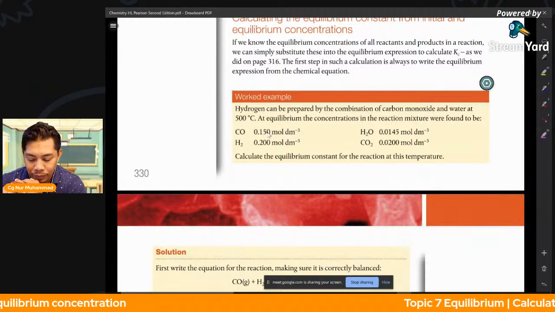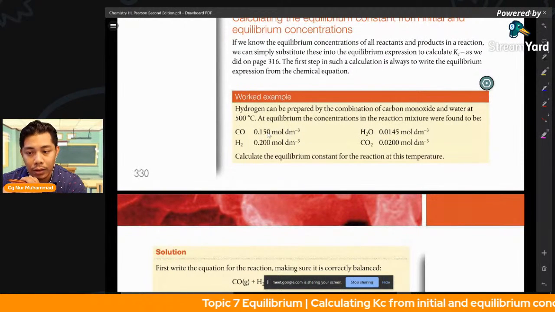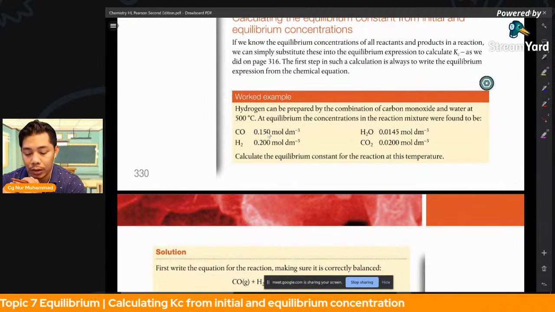Boleh faham? So when you read the question, you have to identify whether this is initial concentration or equilibrium concentration.